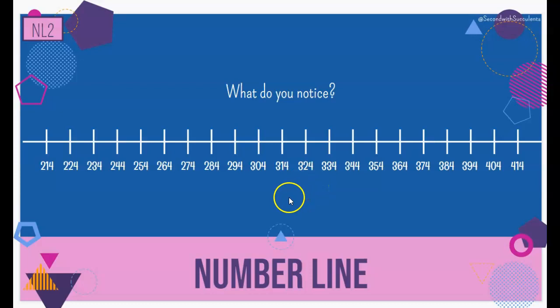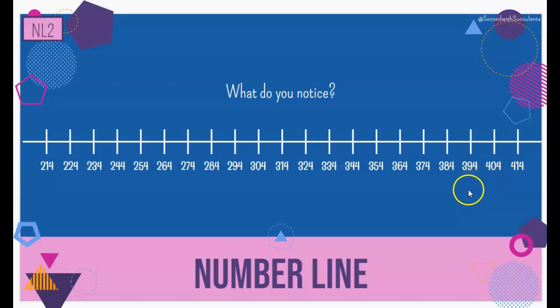You may also have noticed that our number in the hundreds place stays the same until we've gone an entire jump of 100. We're at 304 right here. We don't change our 3 in the hundreds place until we get to 404. That's a big jump of 100.